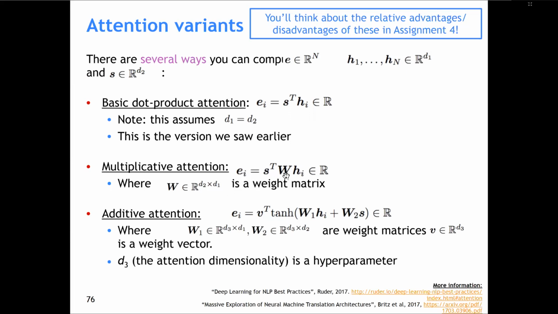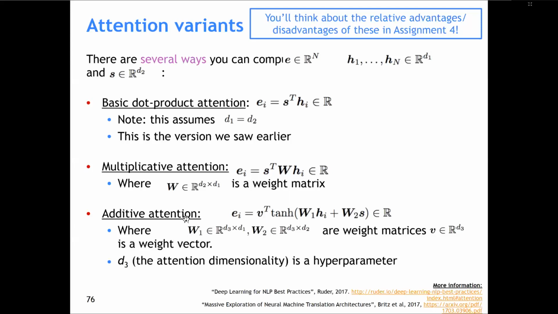So you basically add more parameters to the model to learn, right? It's a weight matrix, which is multiplicative attention, and through this multiplication you get one numerical value that tells you the similarity or the relationship between the value and the query.